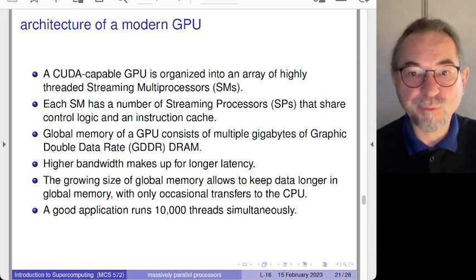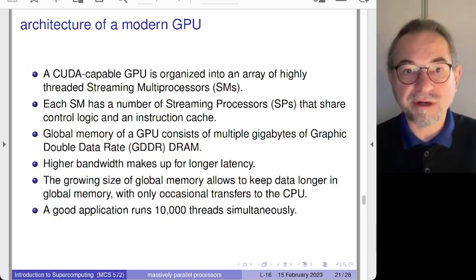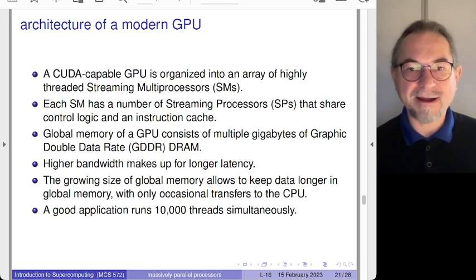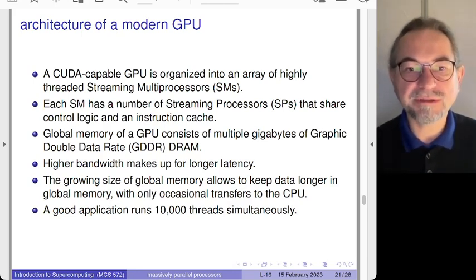Okay, the next lecture will be entirely devoted to the hardware. So we have a GPU. There is a hierarchy, so the processors are aligned into arrays. Every array is managed by one streaming multiprocessor.